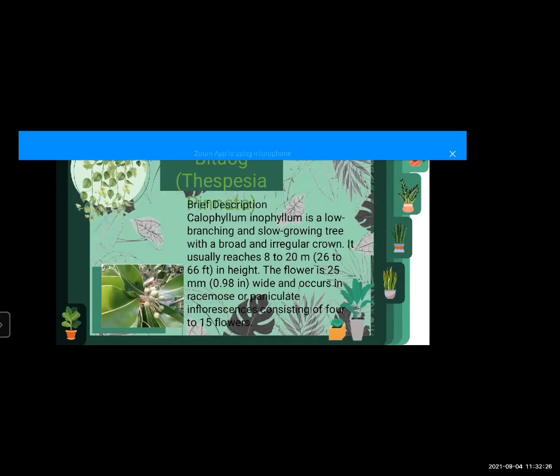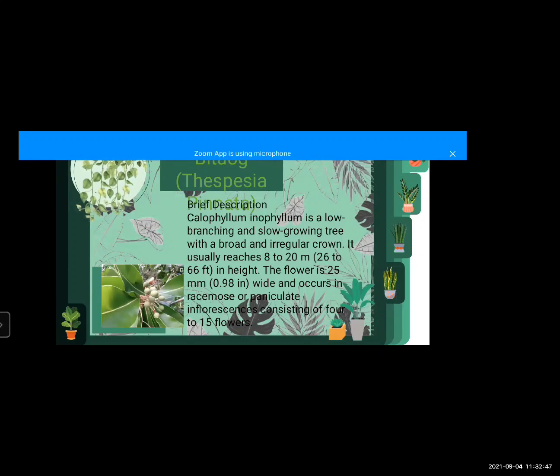Brief description. Calophyllum inophyllum, a low branching and slow growing tree with a broad and irregular crown. It usually reaches 8 to 20 meters, 26 to 66 feet, in height.